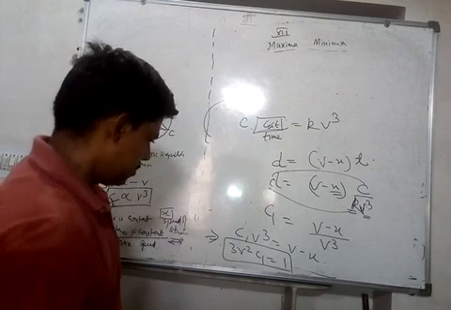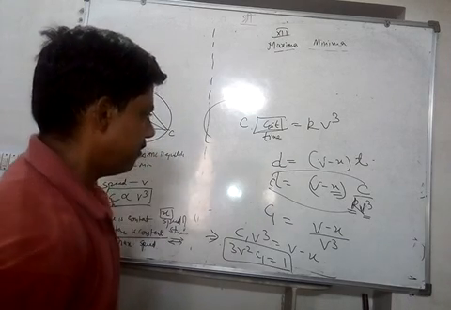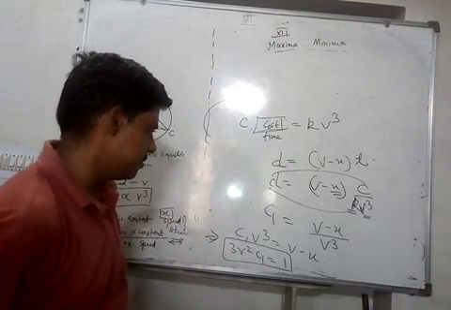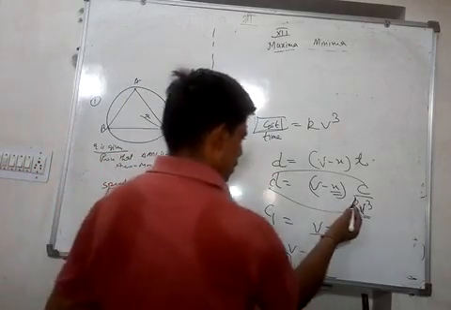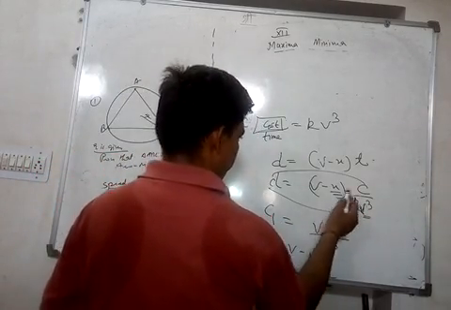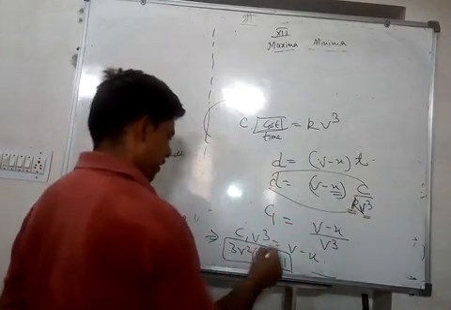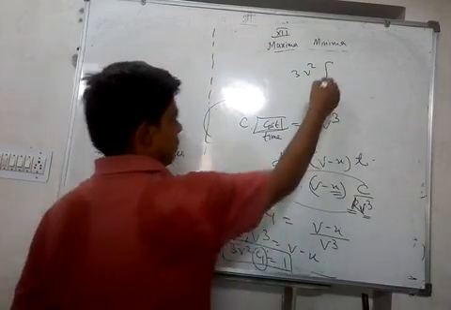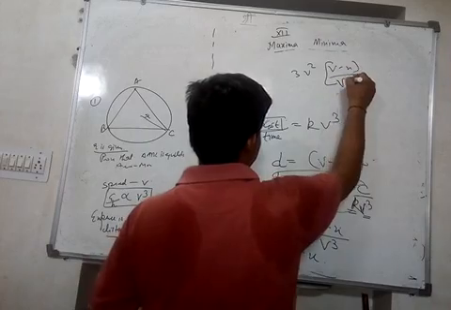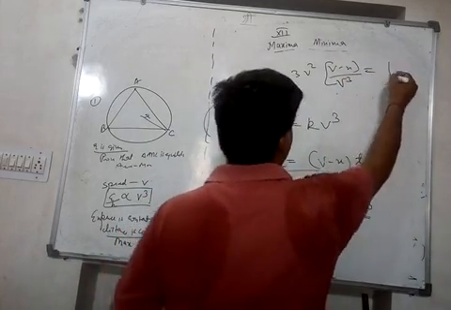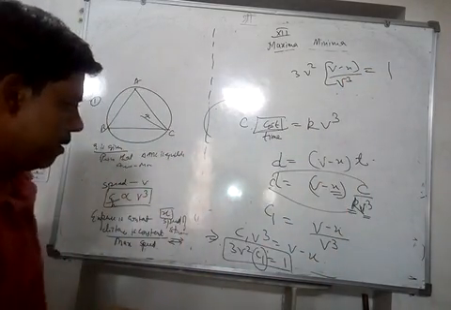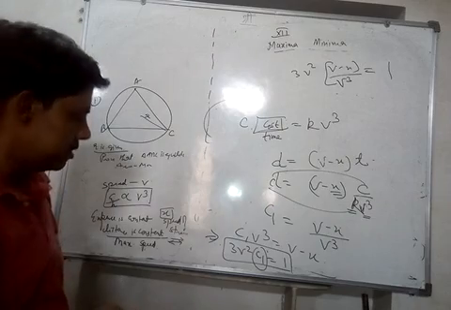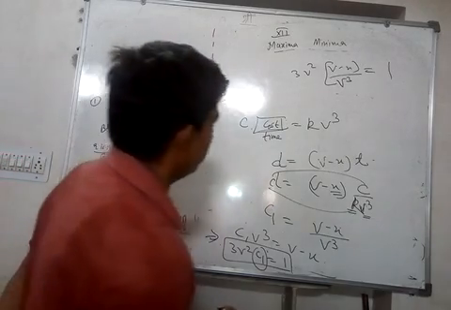So when you solve this, you have to again put the value of c1, and c1 was this one, (v minus x) upon v cube. So we can write here 3v square, right? (v minus x) upon v cube is equal to 1. Okay, now this is what we are getting as a critical value.